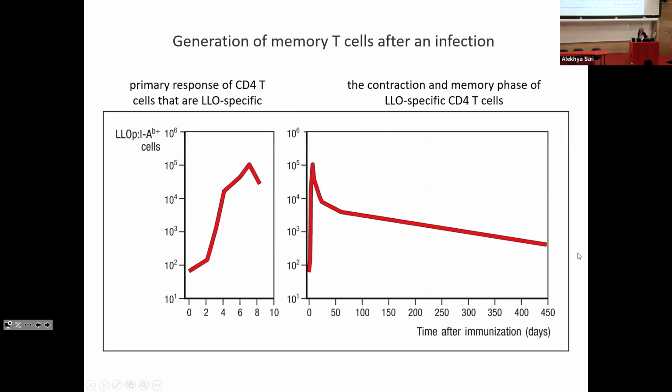Like with antibodies, with T cells there's also an increase in T cell numbers and activation of T cells in a memory response.